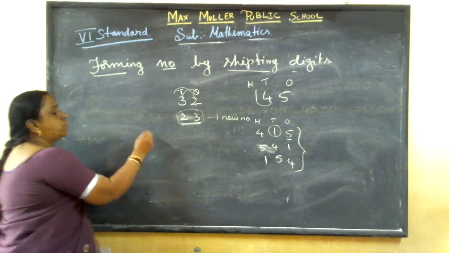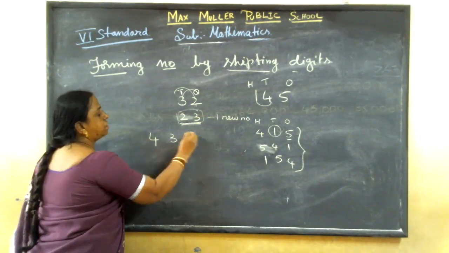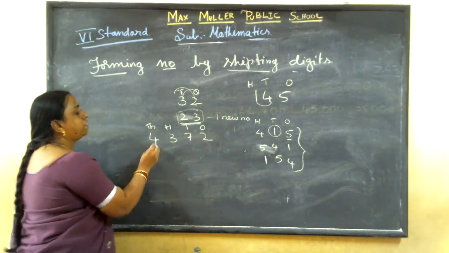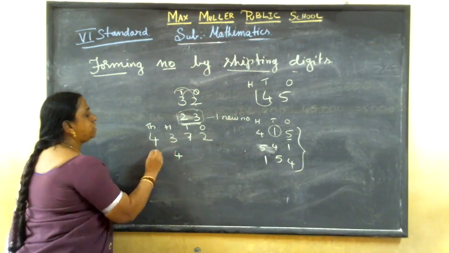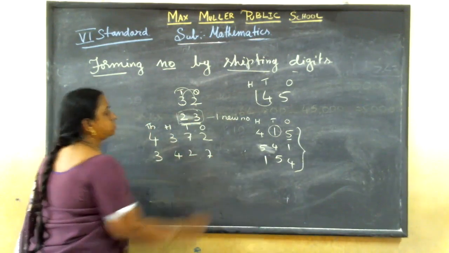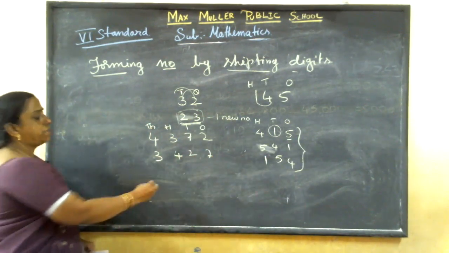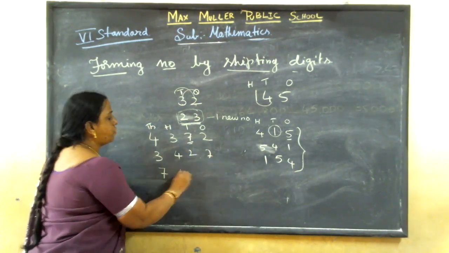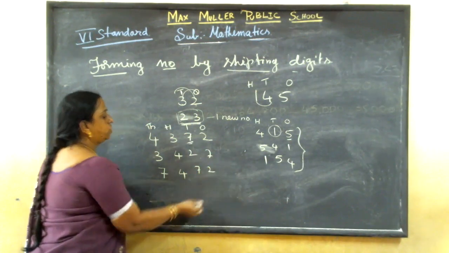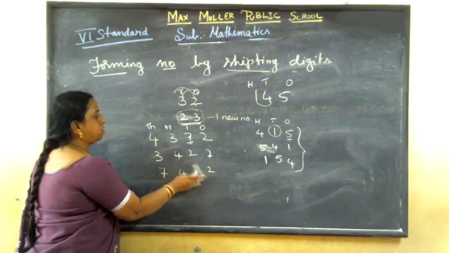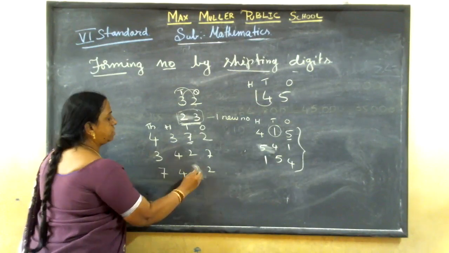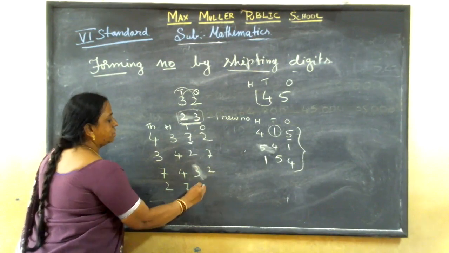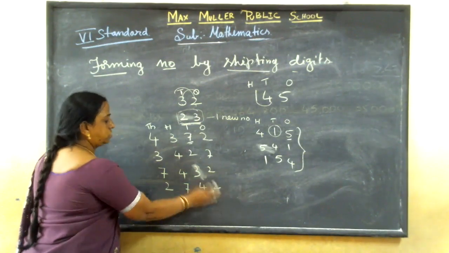Okay, for example, a 4-digit number, I will take 4,372. So here ones, tens, hundreds, thousands. I can take 4 in thousands place, 3 in hundreds place, 2, 7. So I got 3,427. Again I will take 7 in thousands place, 4, 3, 2.